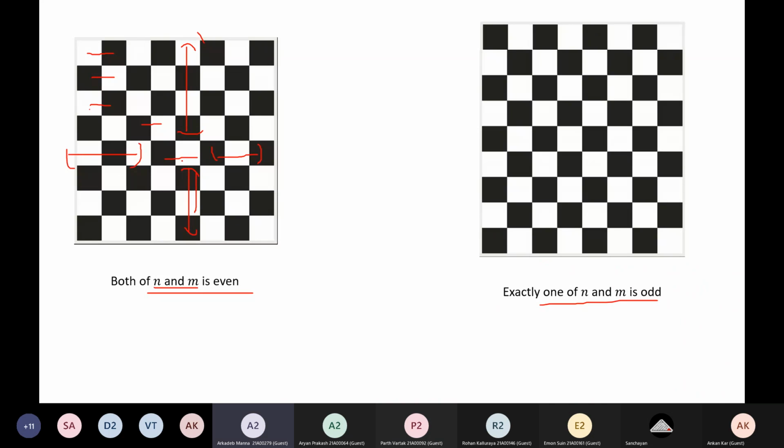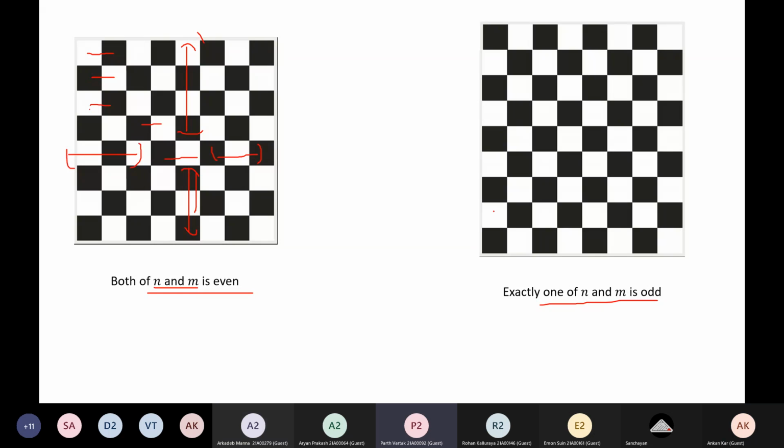Sir, I think when exactly one of n and m is odd, then k should also be odd. Why is that? So I think if n is even, then k can't be odd. k has to be even.